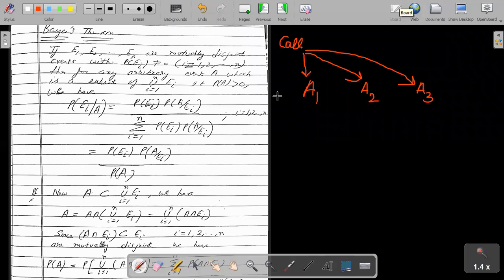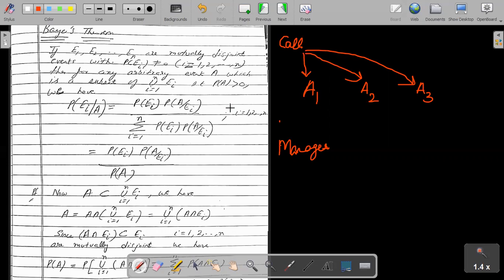अब suppose कर लो कि एक कॉल आती है मैनेजर को, and the caller says कि आपके कॉल सेंटर से मेरी बात हुई थी and I don't know who the person is, because जब हमें कस्टमर केयर से बात आती है we don't know who the person is. The person said these things and I'm not happy with what the person said, so there is a complaint kind of call. अब मैनेजर को ये पता है कि इन तीनों के पास ही कॉल जाती है, अब मैनेजर को ये पता लगाना है, so what is the probability कि वो कॉल A1 ने ली हो, या A2 ने ली हो, या A3 ने ली हो.